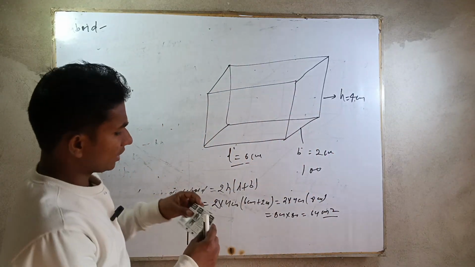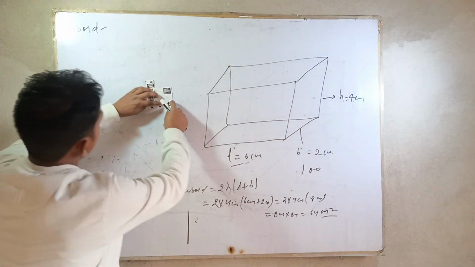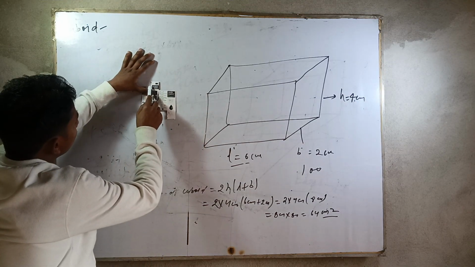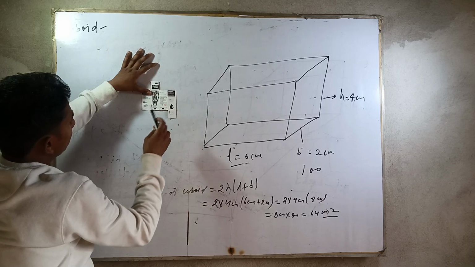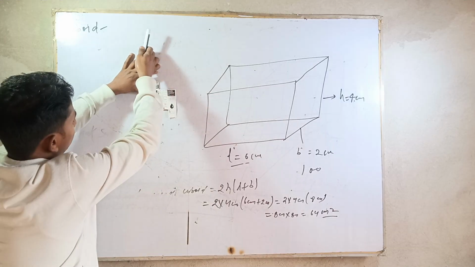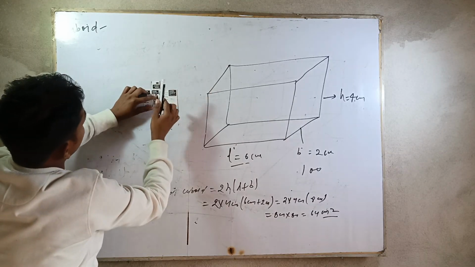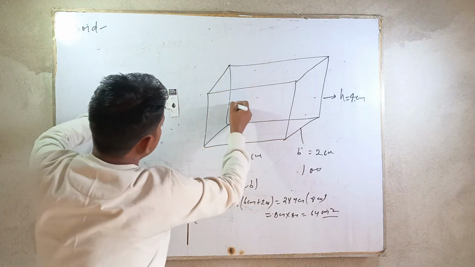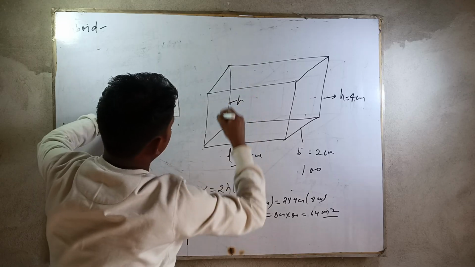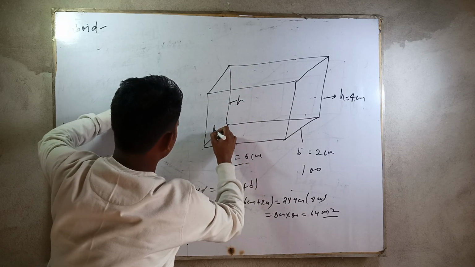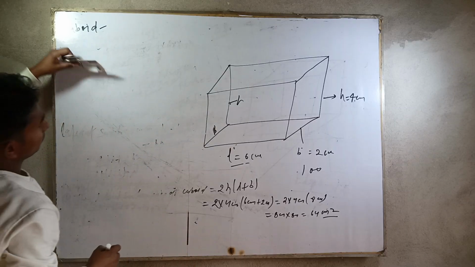Suppose I say how many faces, I have 6. First I need to find out its area. Then in this I will see that there is height, and this one is breadth. I will multiply.